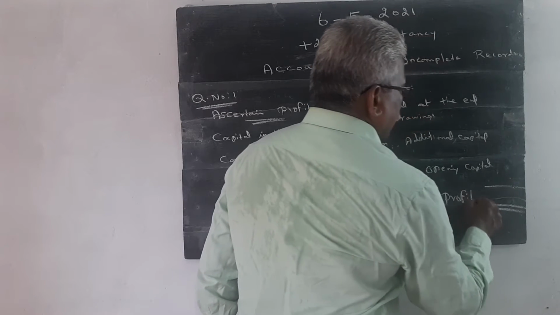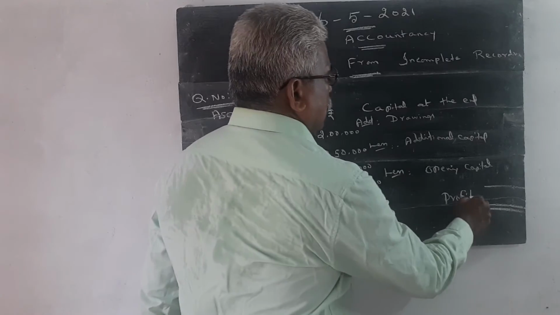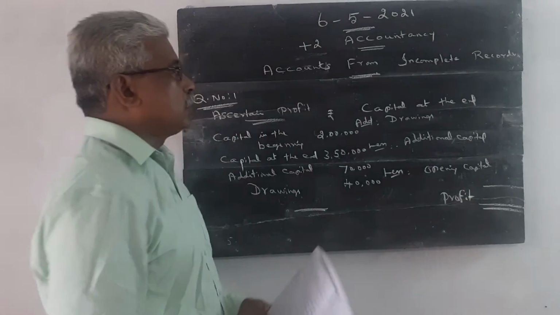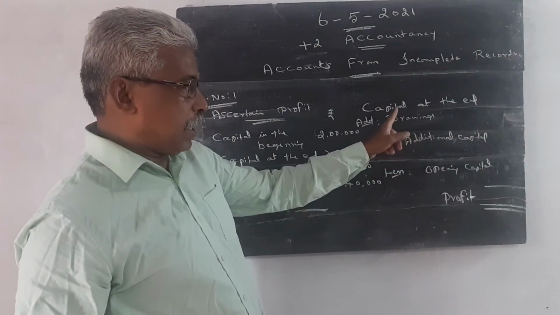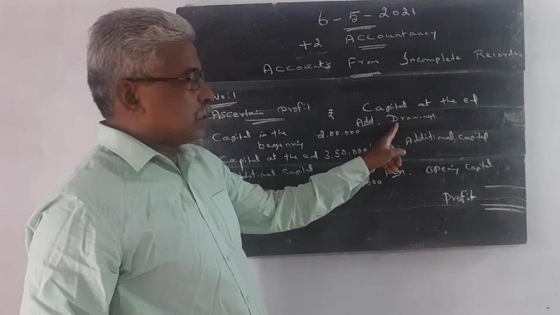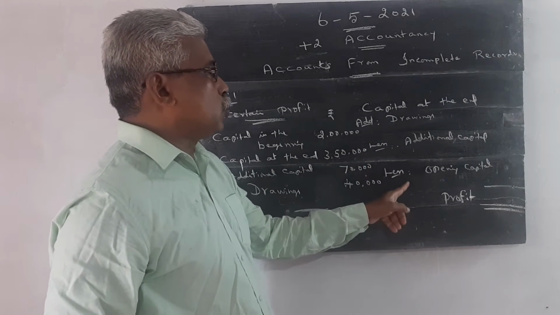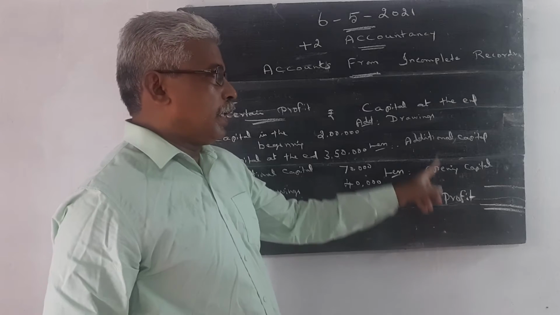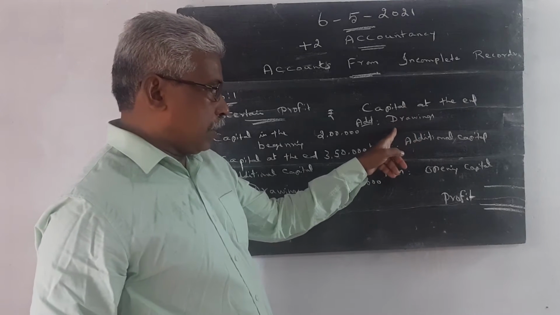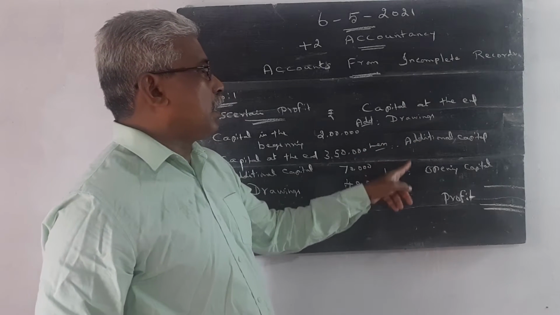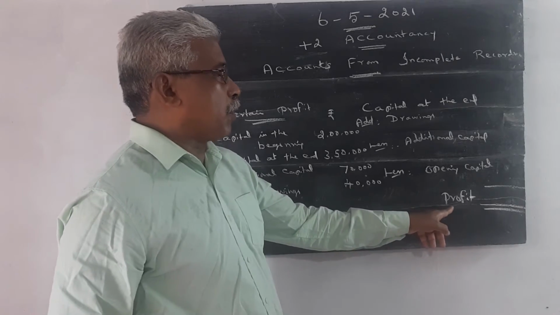If we get a minus figure, it means loss. You just memorize this formula: capital at the end, add drawings, less additional capital, less opening capital, we can get profit.